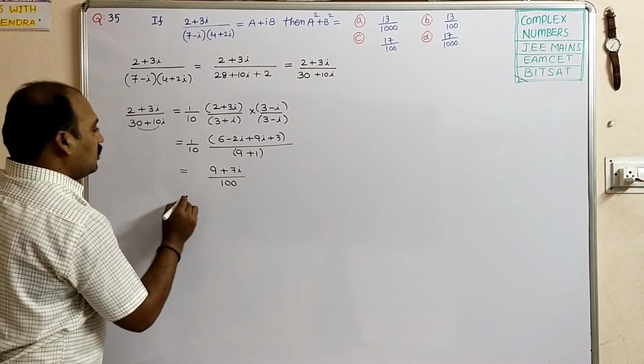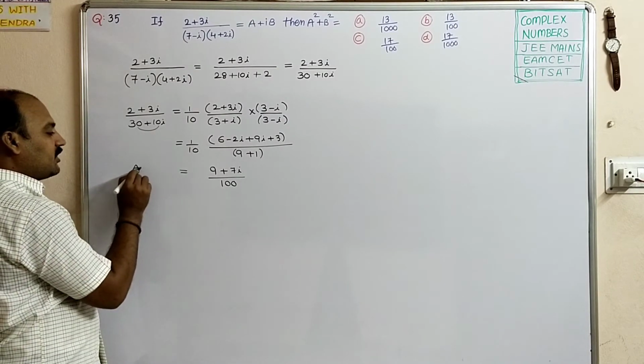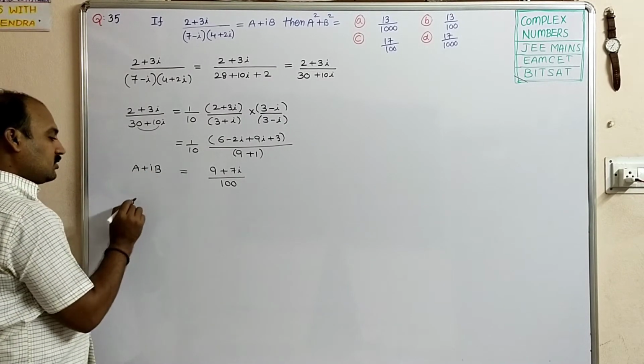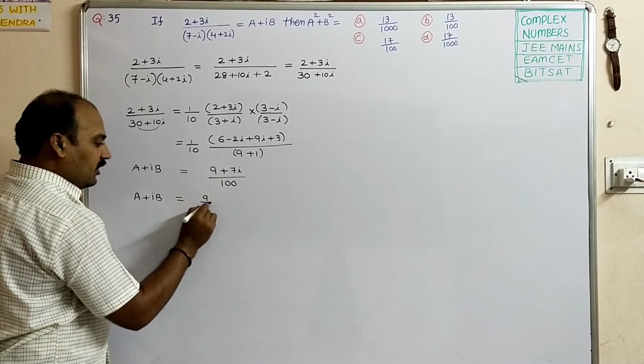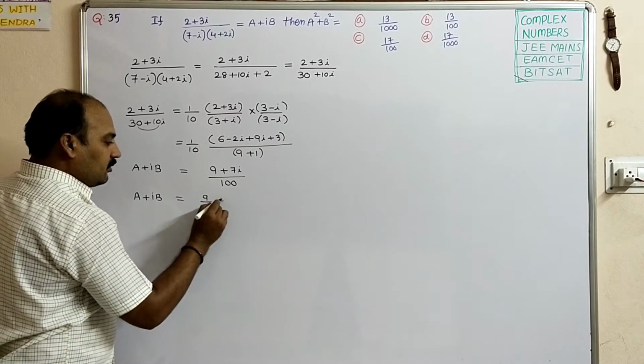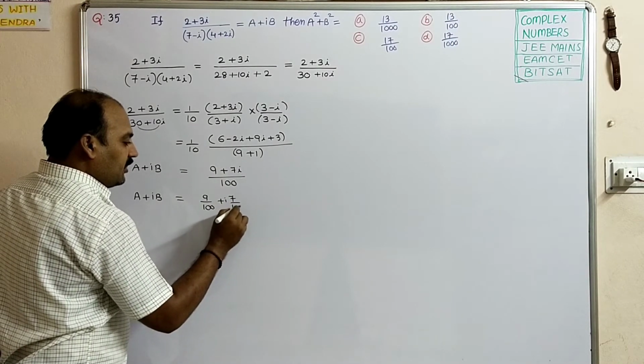So this is equal to, this is the given complex number. This we can assume that a plus ib, so a plus ib equal to 9 by 100 plus i into 7 by 100.